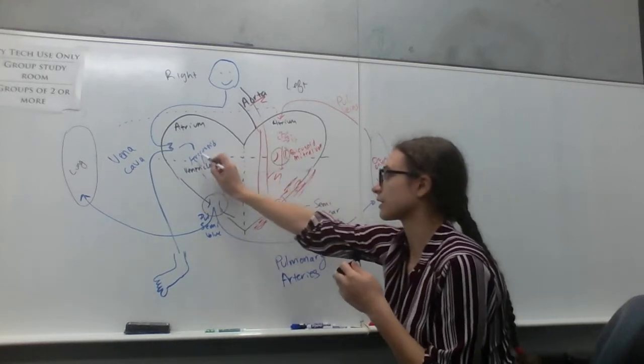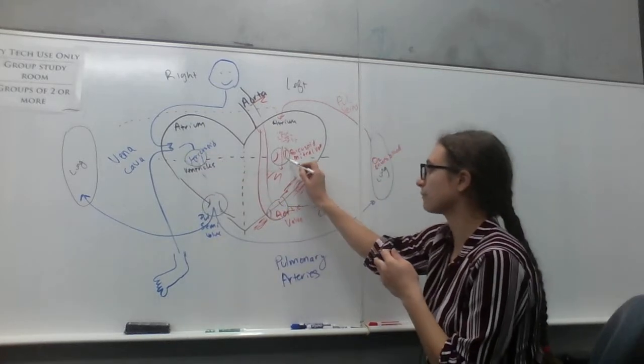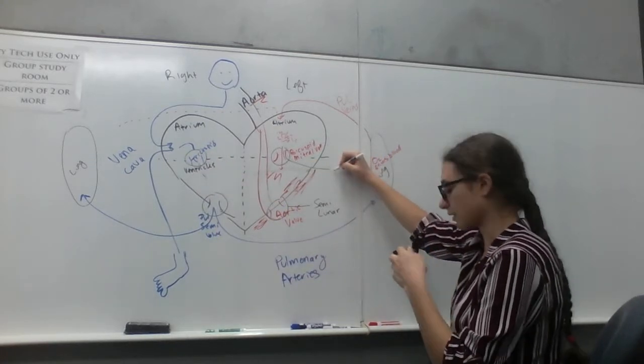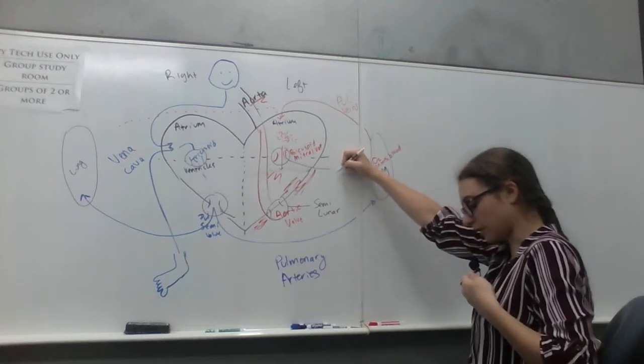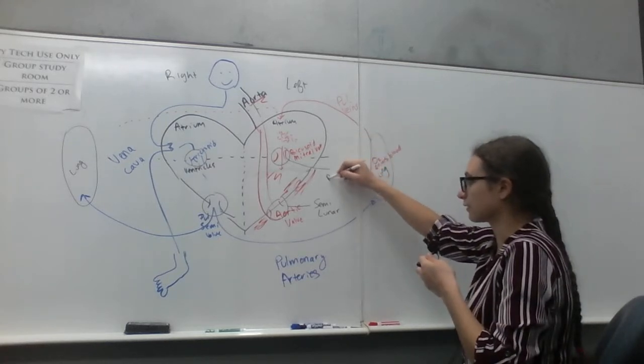And these valves up here, the tricuspid and the mitral valve, are known as, I don't know how to spell it, atrioventricular.